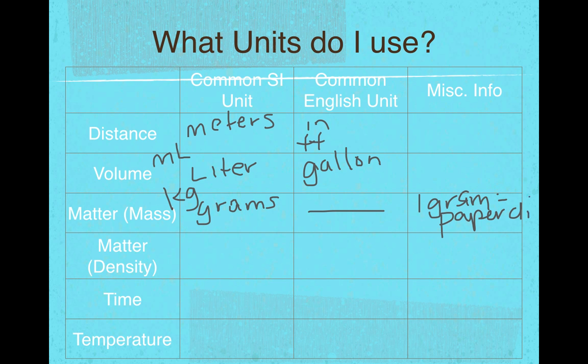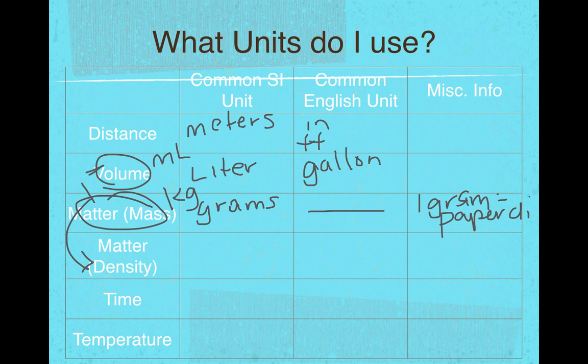Okay. Matter, density. This is how much stuff is inside of a given space. Okay, so you can think of it as a little bit of a combination of our volume and our matter. These two things together help us get density.